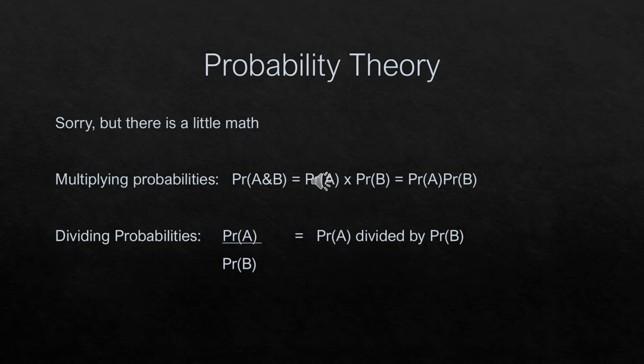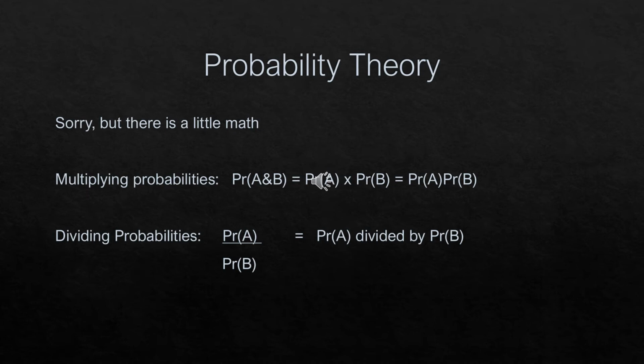When we have a symbol like the probability of A and B, well, the probability of A and B basically just means the probability of A times the probability of B, right? Whenever you have two things happening, it's less likely that both of them will happen together.